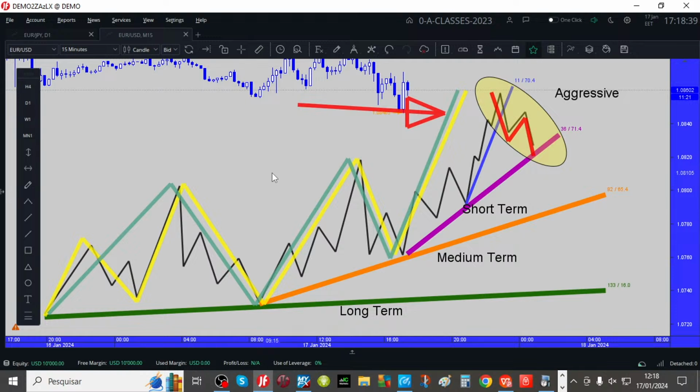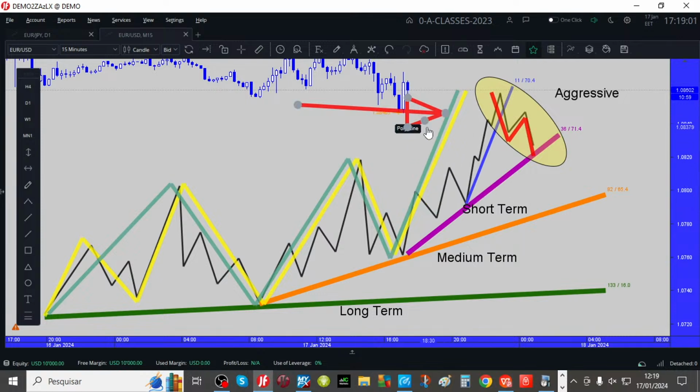Give me a second. Euro JPY 15-minute chart. Alright. The green one, the light green one, is the correct answer. The light green one. Alright?